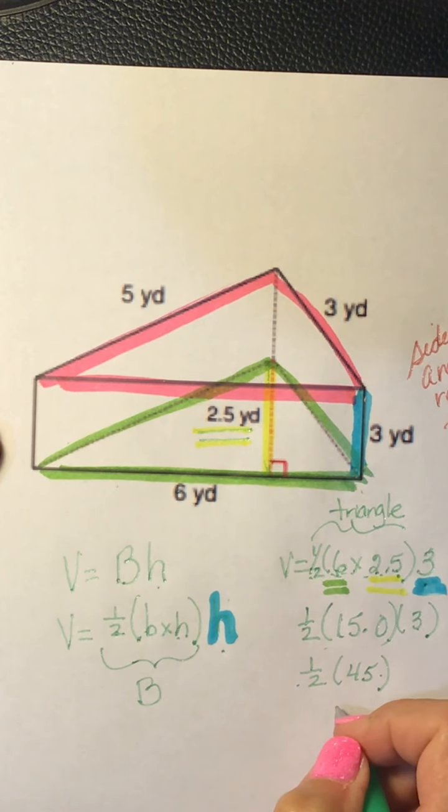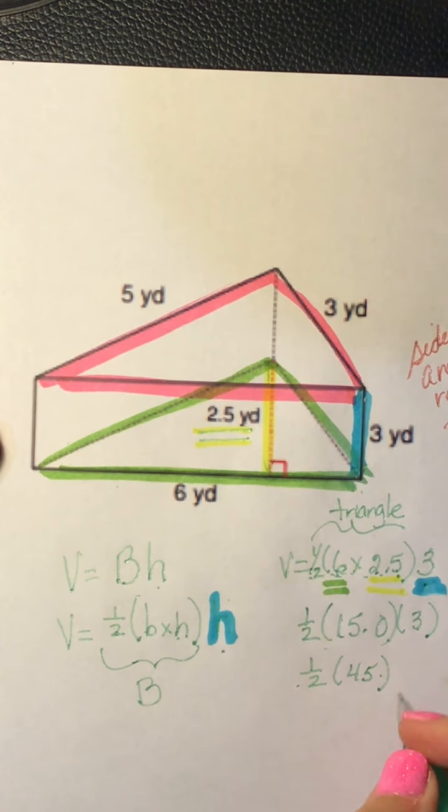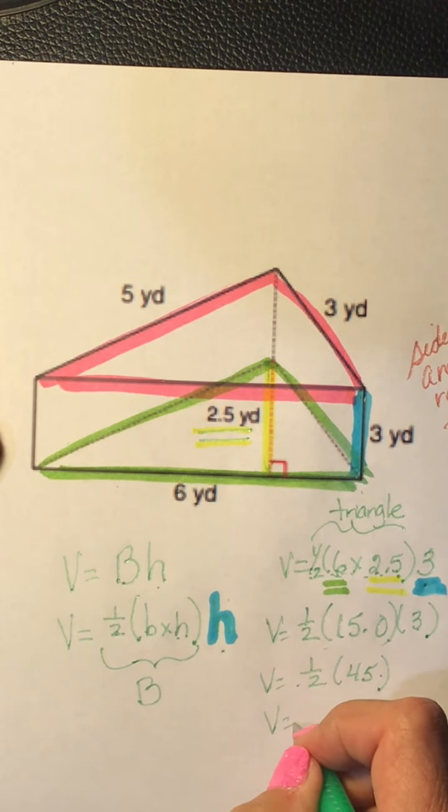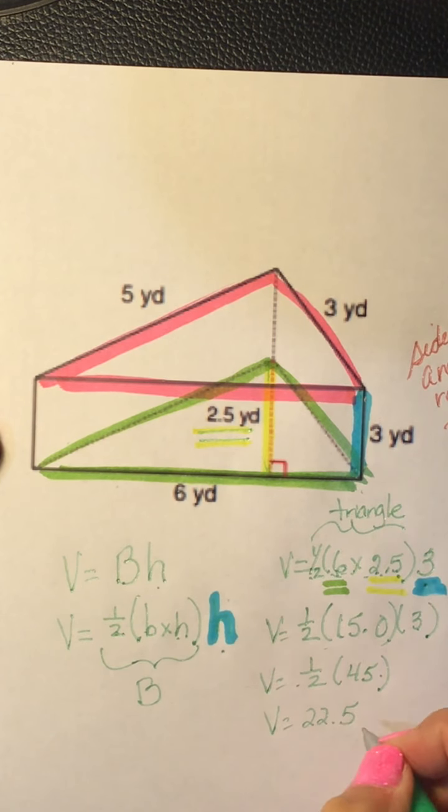So what's 1/2 of 45? 22.5. There you go.